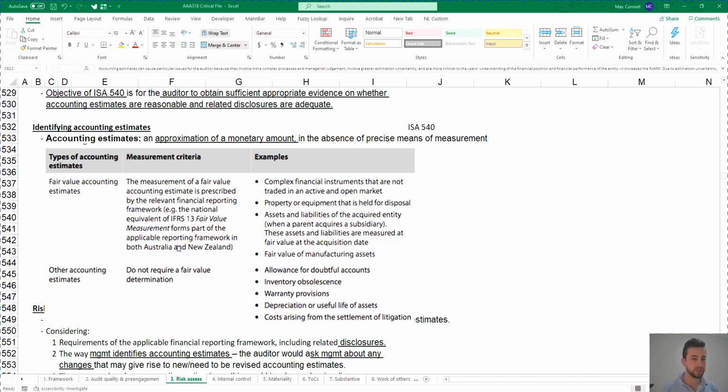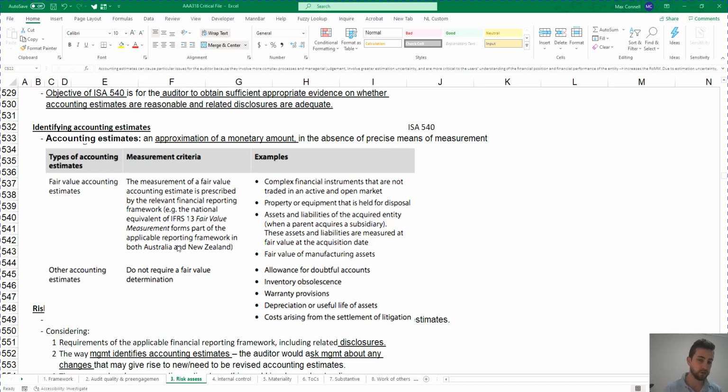And then the second major category of accounting estimates is other. So it's not to do with fair value determination, but it is to do with, for example, allowance for doubtful debts. How do you know what percentage of your debts aren't going to be paid? You don't know until it actually occurs. So it's just an estimate. It could be inventory obsolescence. So normally there'd be a provision to reflect inventory going bad.